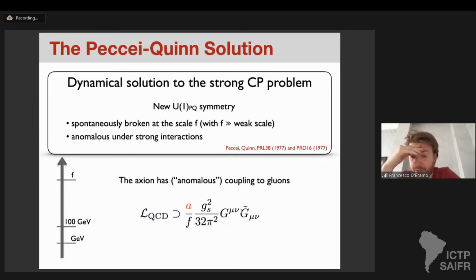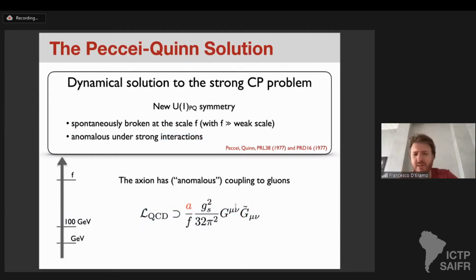And so you see that it's not a Goldstone boson anymore. The Goldstone boson only appears through its derivatives in the Lagrangian. Here you have another interaction that you have only if the symmetry is anomalous. And I say anomalous under the strong interactions, which means that this term you induce will be with the gluons.